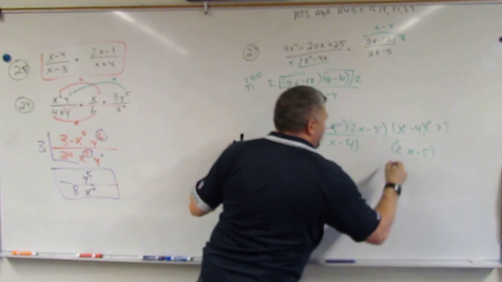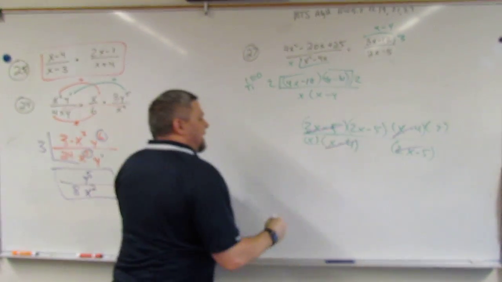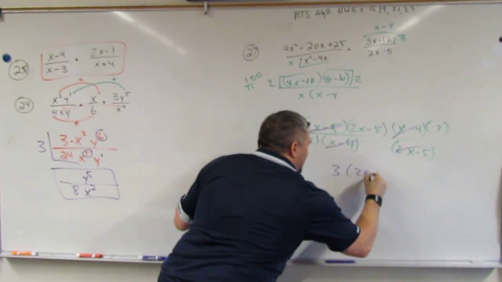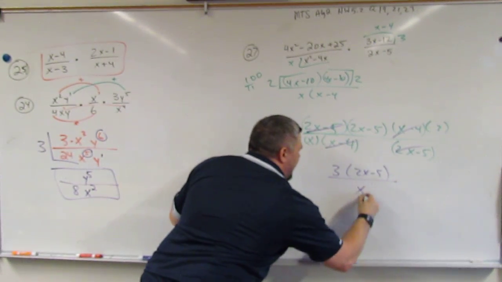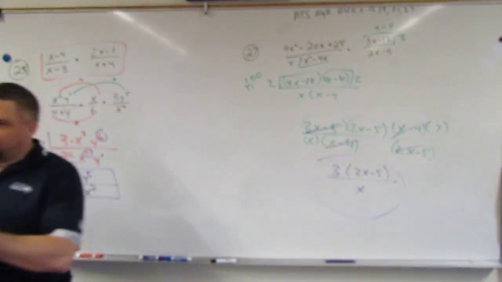Well, the 2x minus 5 and the 4, and so we got 3 times 2x minus 5 all over x. We're good to go. There it is.